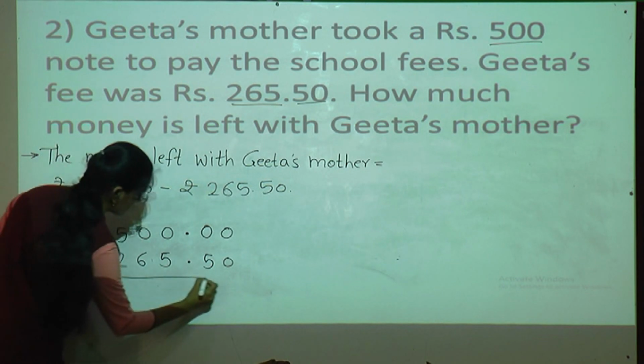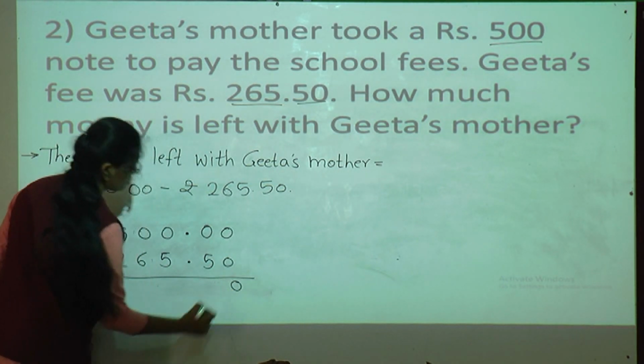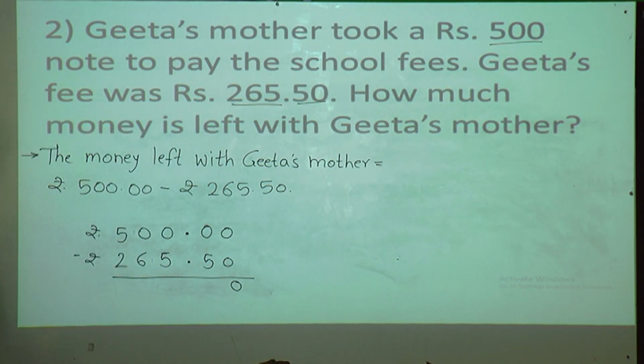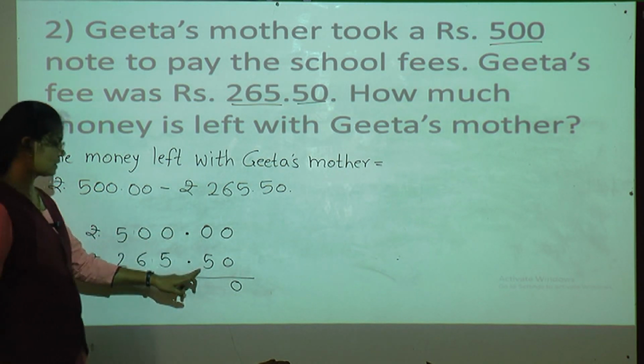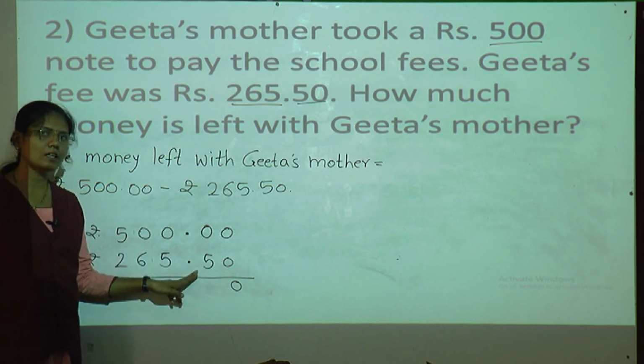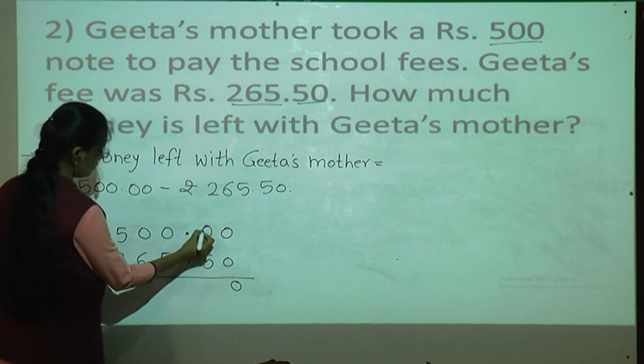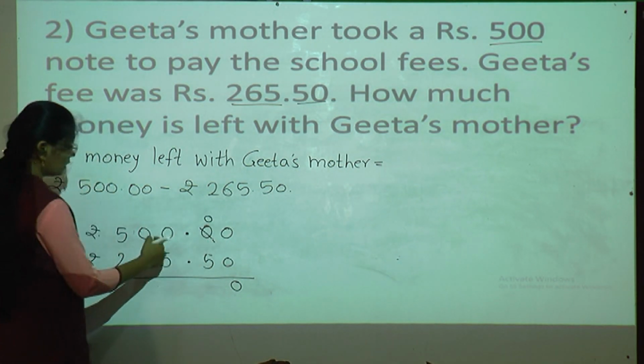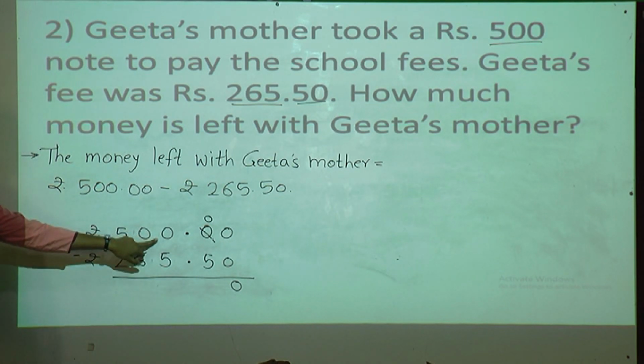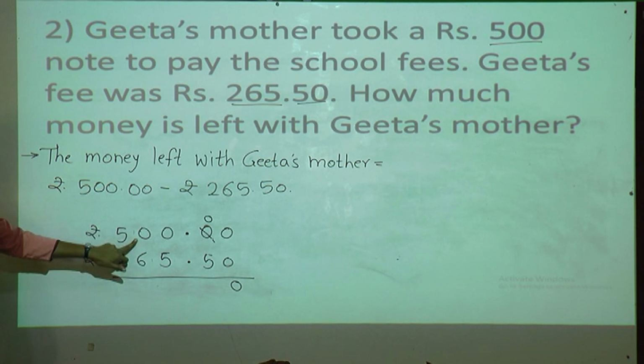Now do the subtraction. 0 minus 0, 0. Okay, now here see 0 minus 5, again 0 minus 5 we can't do. Okay, so what we will do, just we will cut this 0 and write as it is. Then we will move to the neighbor. This neighbor is also having 0, so again we will move to the next neighbor. Here also 0 is there, so again we will move to the next place.